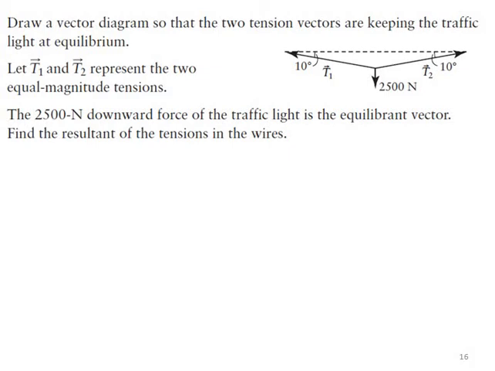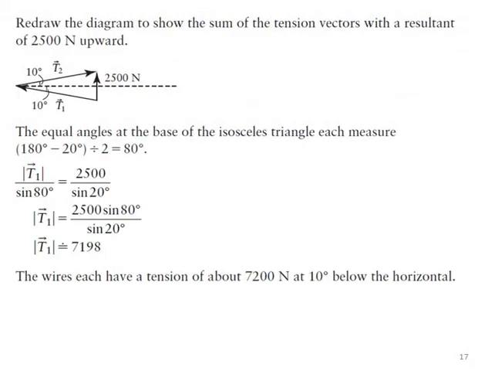Find the resultant of tensions. So it is going to be something like that. T1 and T2 provide 2500 Newton.